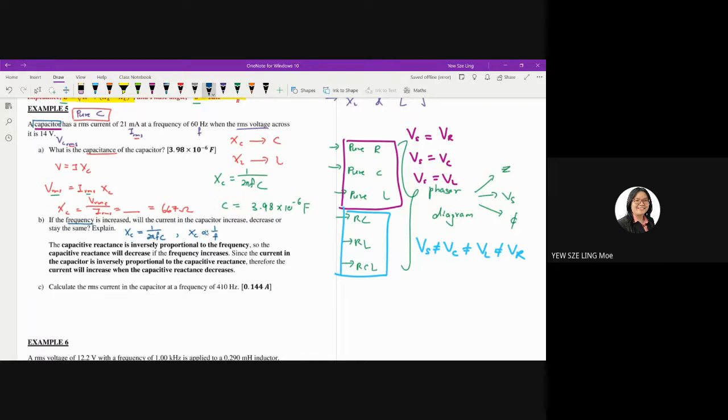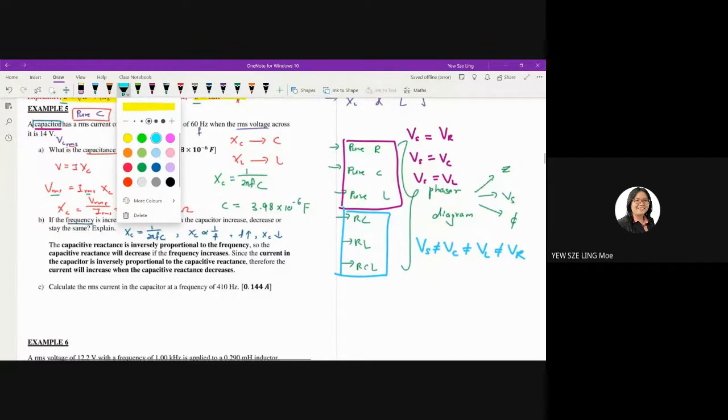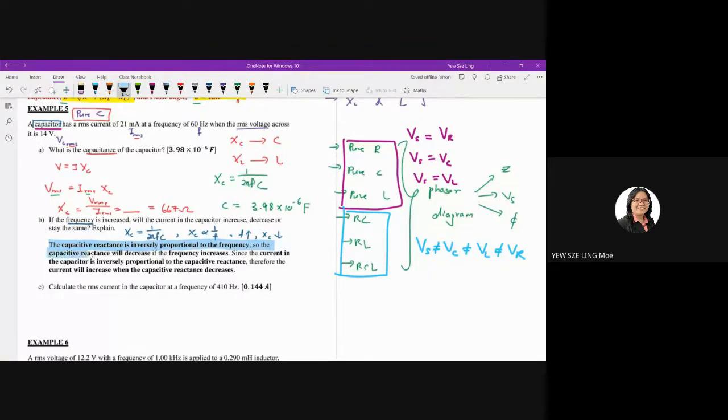So when frequency increases, XC decreases. Okay, that is the first part of the question. The capacitive reactance is inversely proportional to the frequency, so the capacitive reactance will decrease if frequency increases.